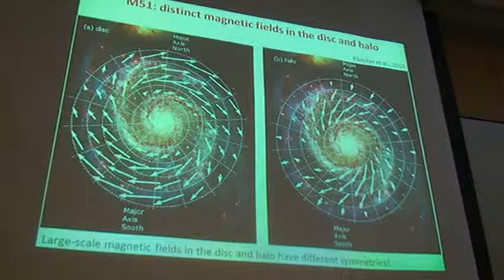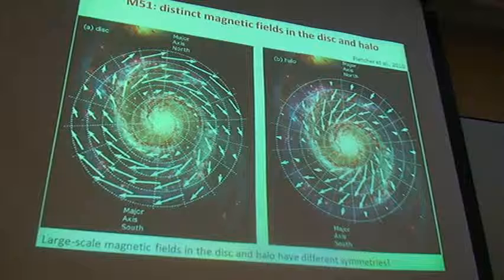Where from might such a bizarre initial field come to produce this configuration now? It's just unthinkable. It's so artificial. So the very fact that this galaxy has such different configurations of the magnetic field in its different parts indicates that something non-trivial must be happening. It's not just passive magnetic field twisted with differential rotation.